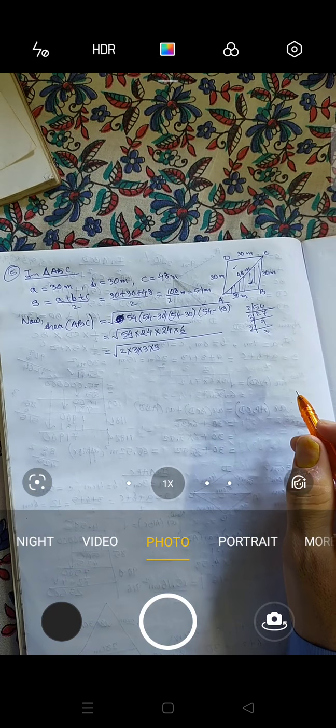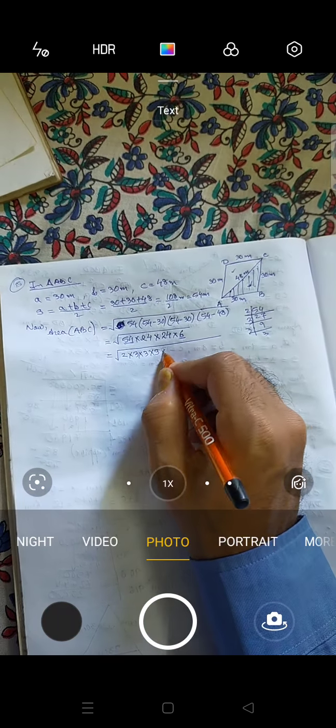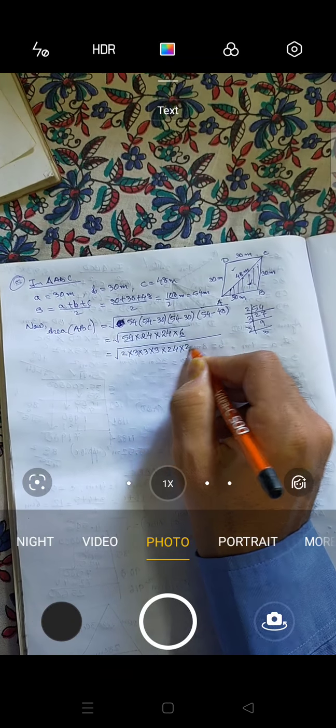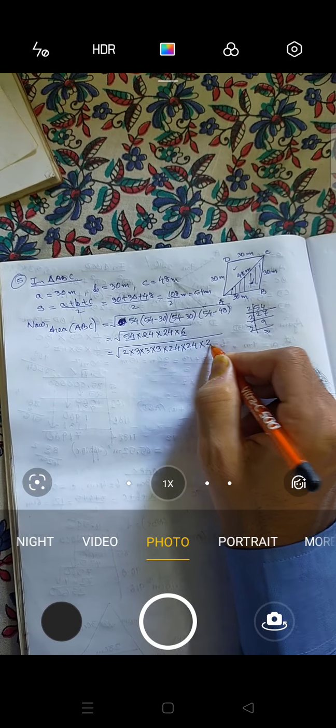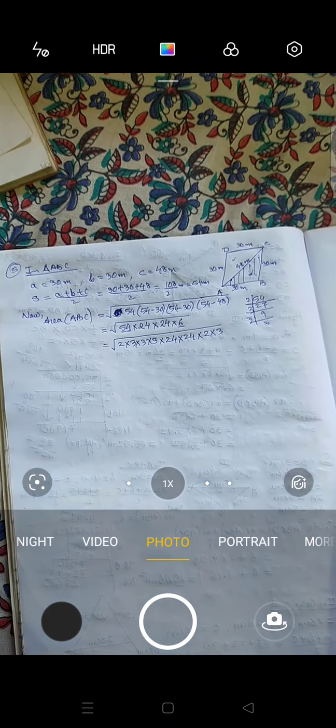Fine? Then 24 remains the same, 24 remains the same. And 6 can be written as 2 into 3. Any doubt?